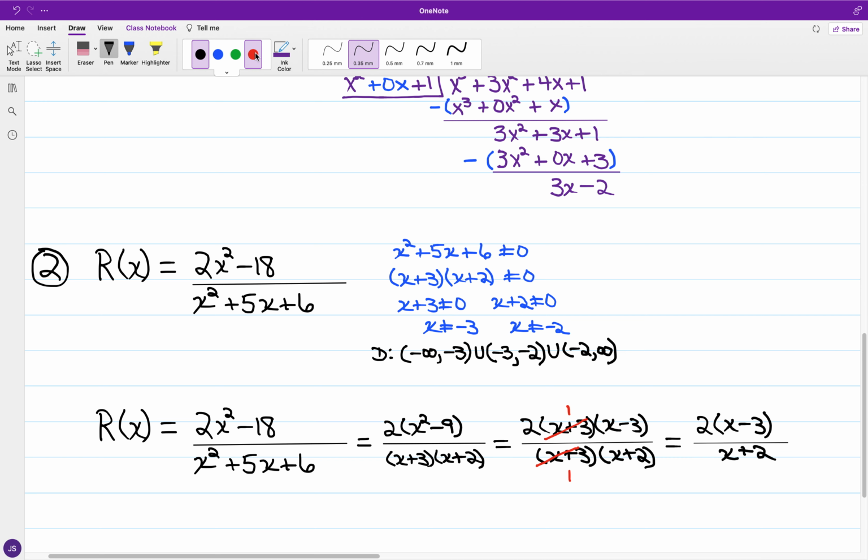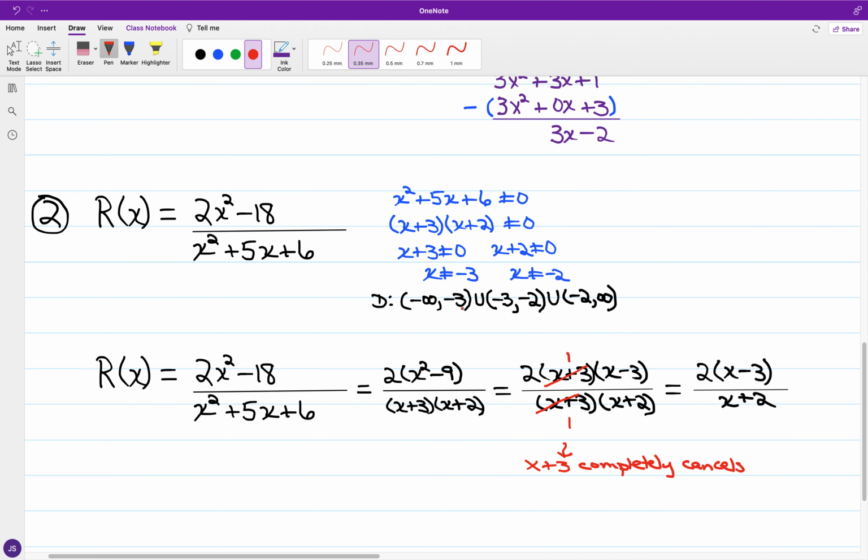All right, so x plus 3 completely cancels. That means that negative 3, the corresponding 0, is not going to be a vertical asymptote. In consequence, x equals negative 3 is going to be a hole.